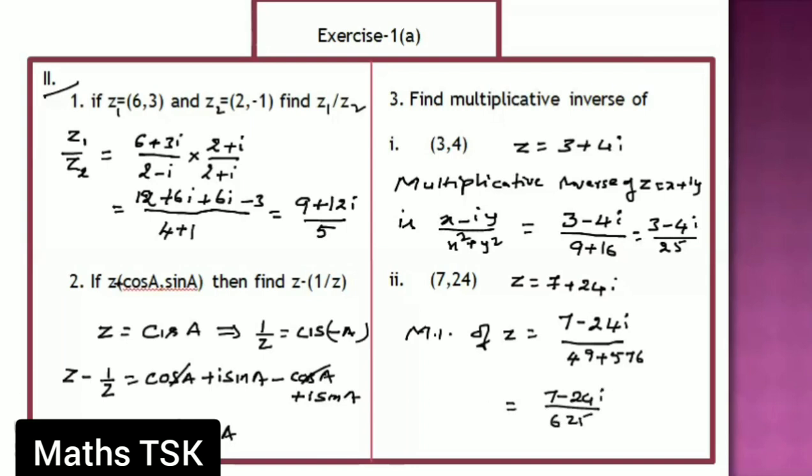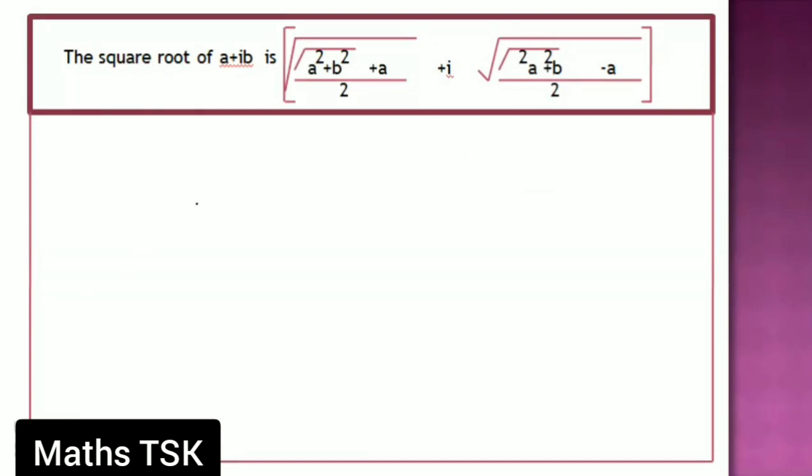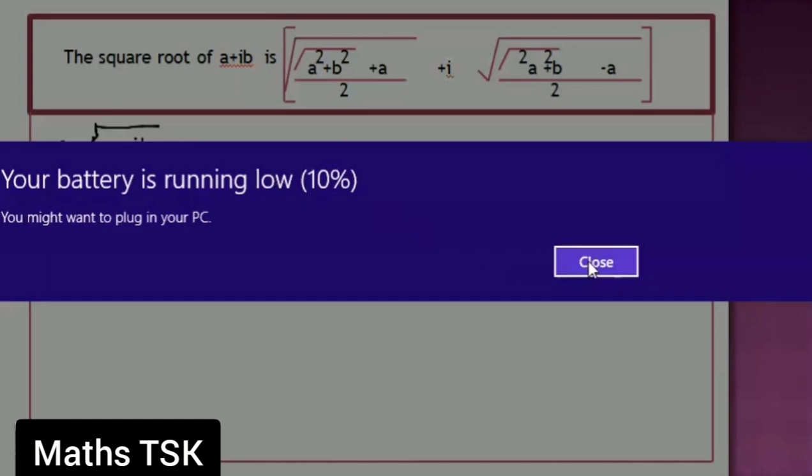Next one, going on to the second exercise. Before the second exercise, what is the square root of a plus ib? I have to prove this. Let us consider z is equal to the square root of a plus ib.